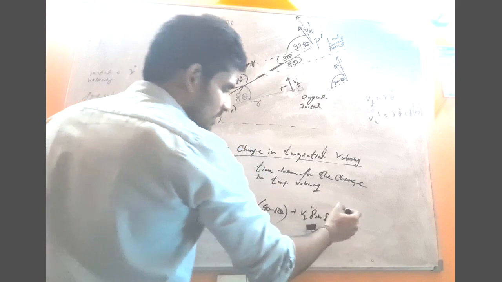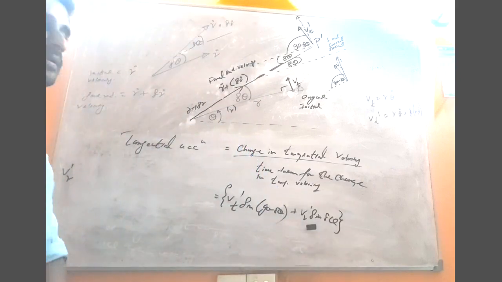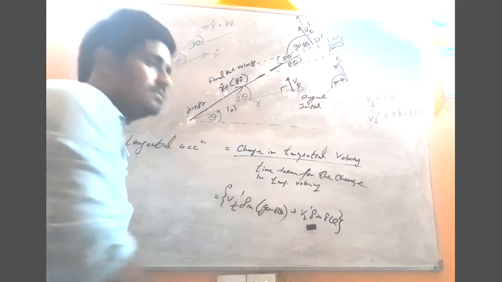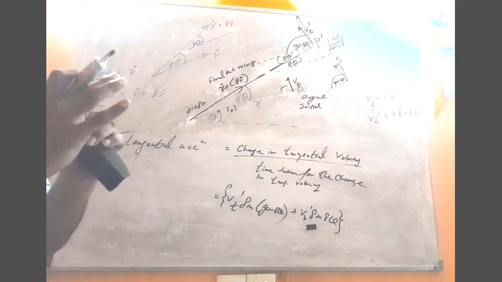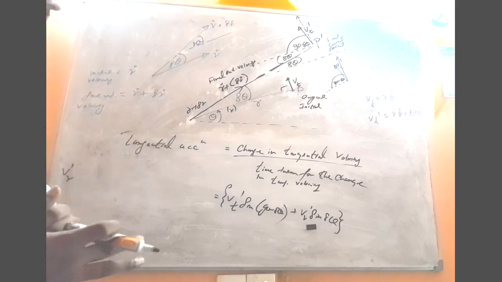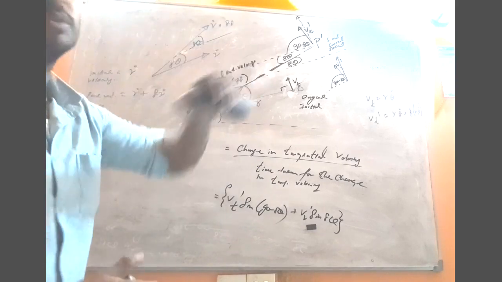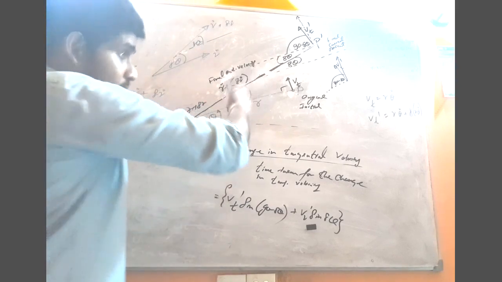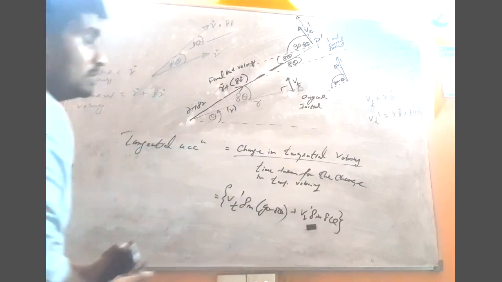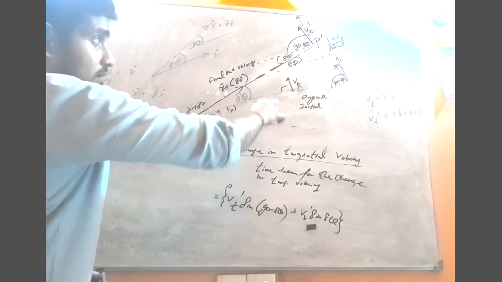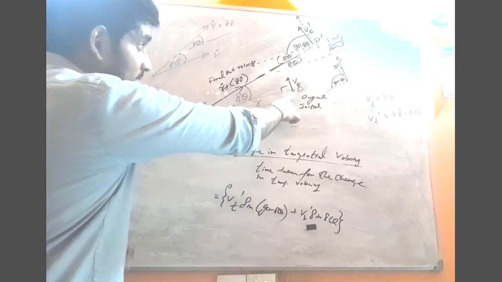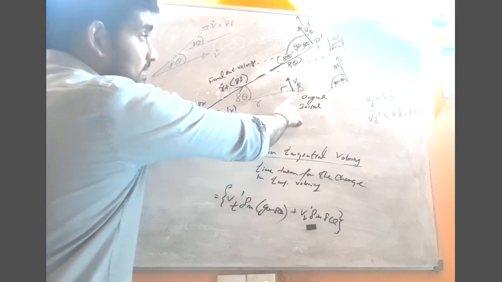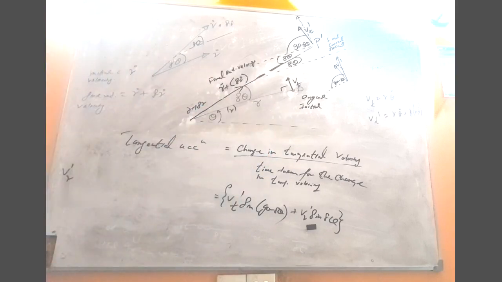So now this is the entire tangential velocity of the final position, considering the direction of the tangential velocity of the original position as the reference, right? Okay, minus, then what is the original value?